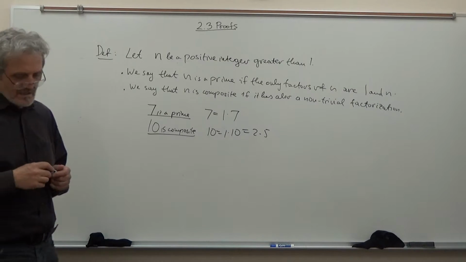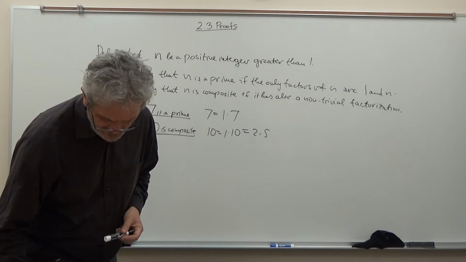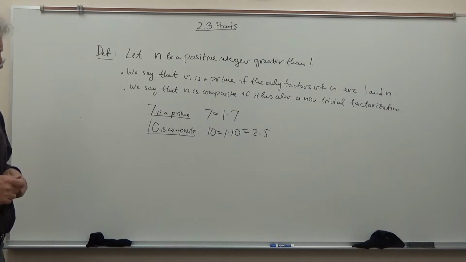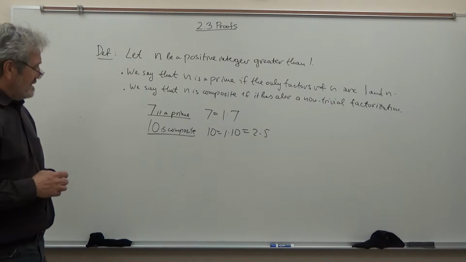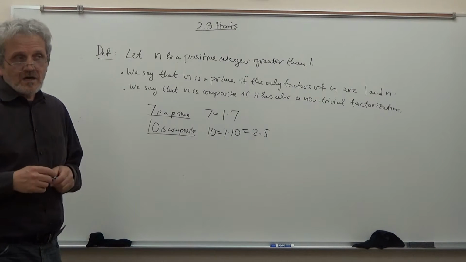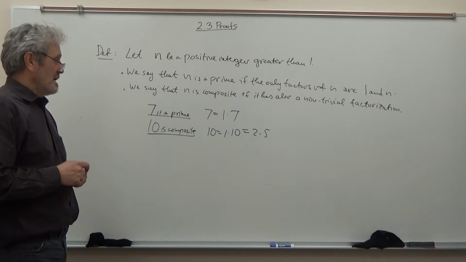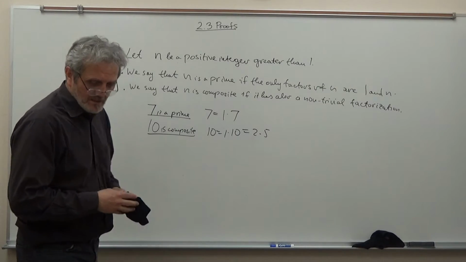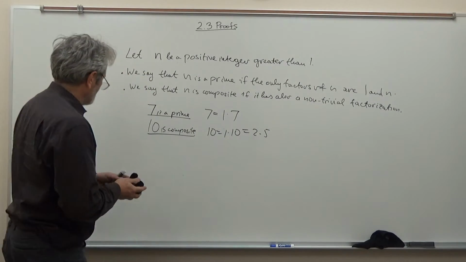So that's why that number is composite. All right, and then knowing these two definitions, we can now illustrate a few statements that we prove about prime and composite numbers. So that's example 232.